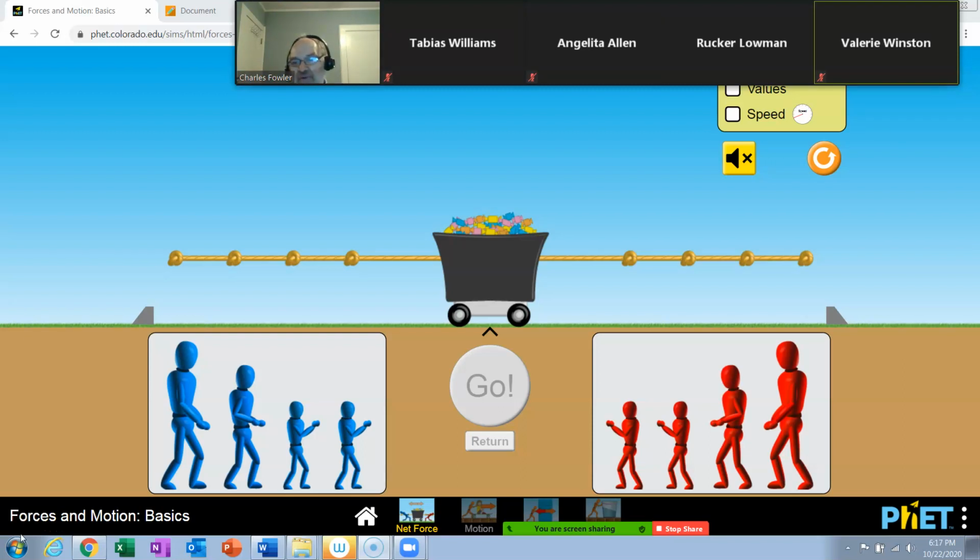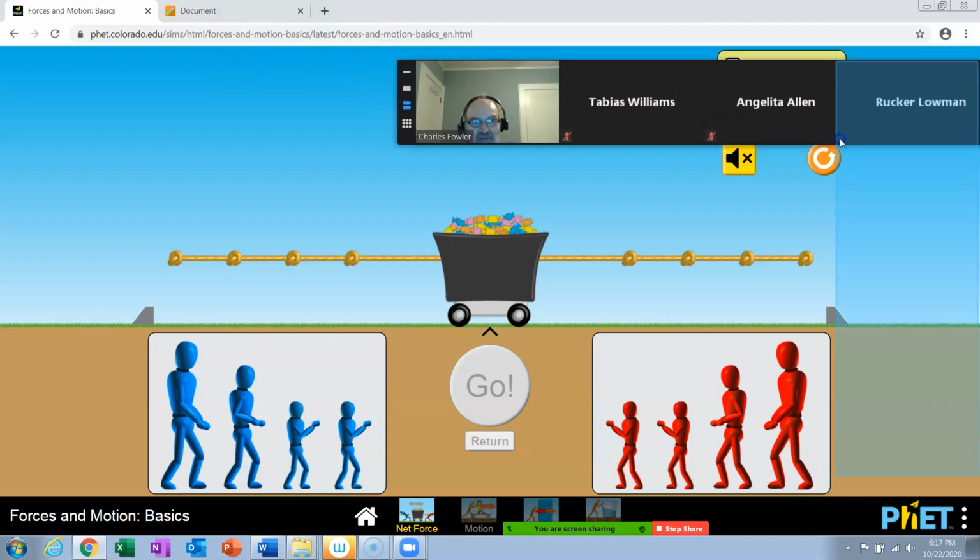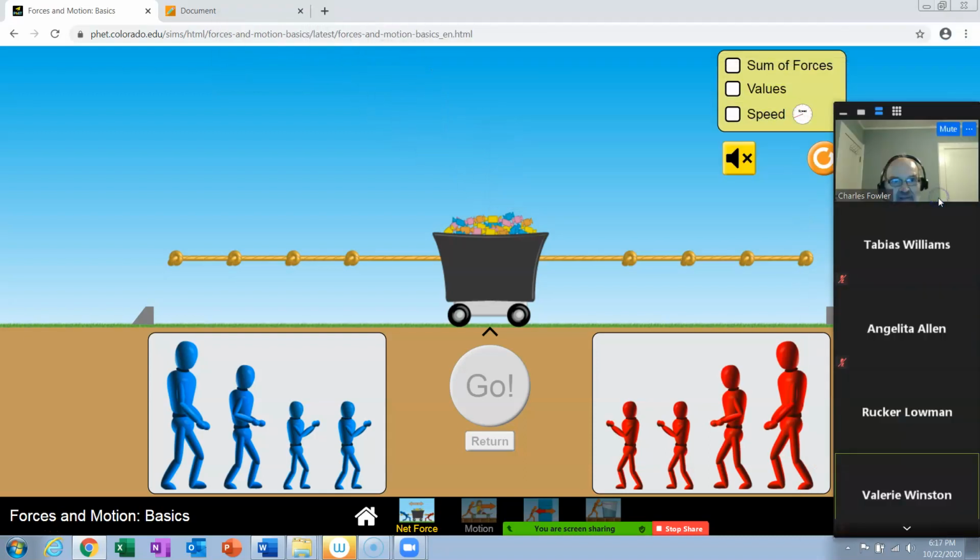Then click on simulations, then on physics, scroll down to forces and motion basics, and this is where we are. It says click on download. I think that's an extra step that I decided not to do anymore.